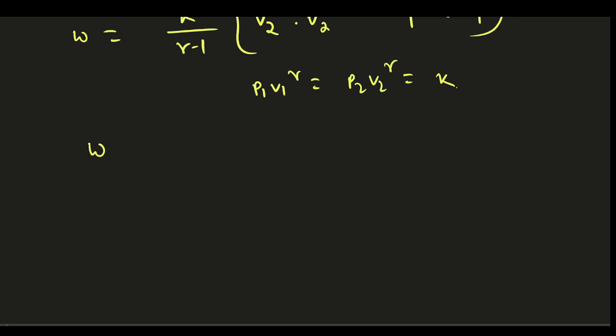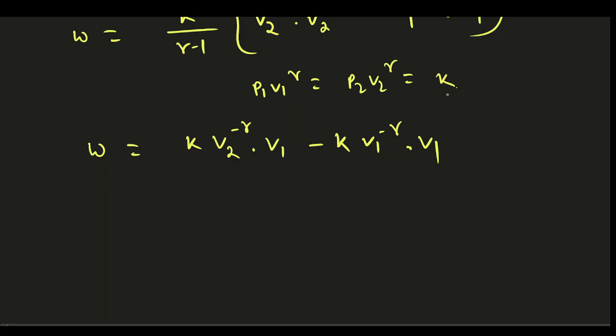So first what you will do, just multiply k with all these things. So this is k V2 to the minus gamma times V2 and k V1 to the minus gamma times V1.